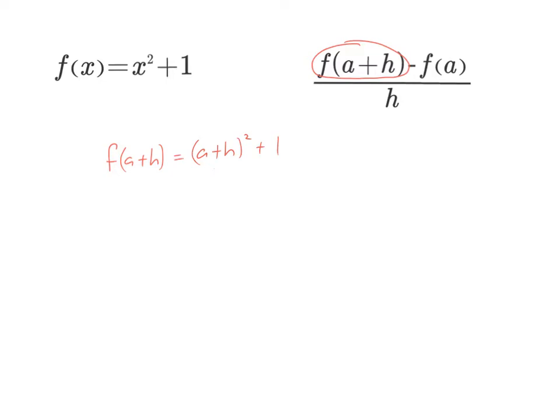Now you need to remember that a plus h squared is not a squared plus h squared. That is not correct. So what I am going to do is a plus h squared is a squared plus 2ah plus h squared.